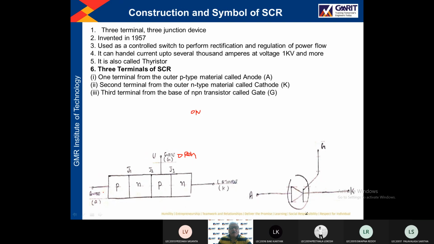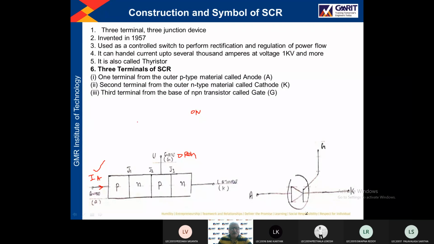Now we are reducing this forward voltage. Once SCR is on, some current is flowing through the anode. I call it the anode current. Now we start reducing this forward voltage. Then SCR will remain on, but the value of this anode current will decrease.